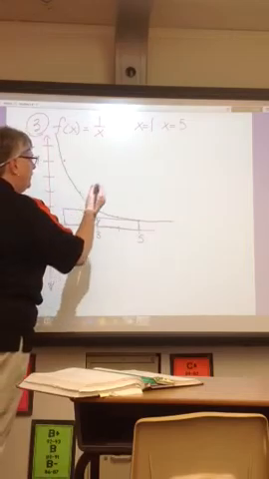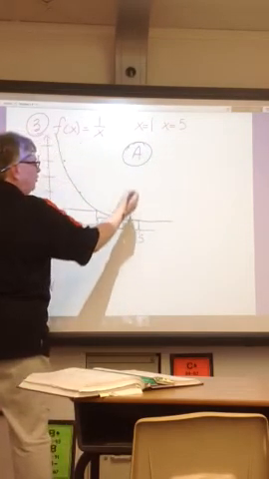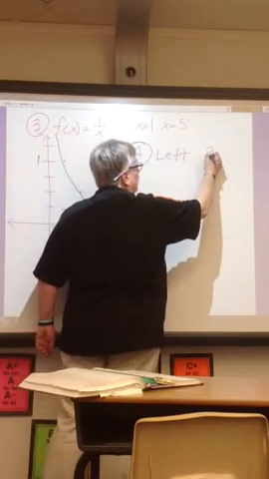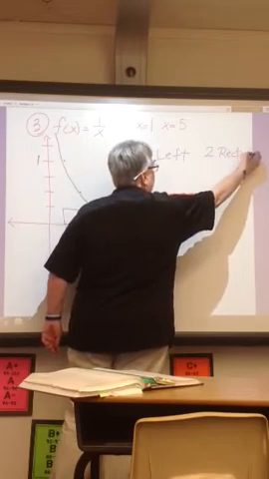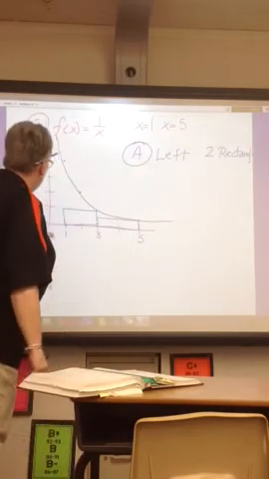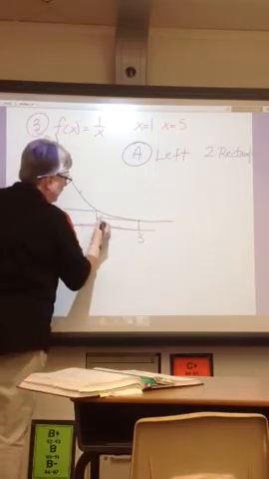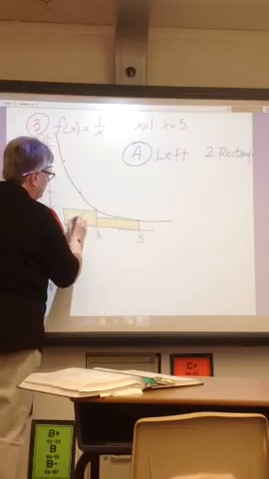So if they ask, this would be A. We use left, and we have 2 rectangles. So we need to find the area of each of these boxes and add them together.